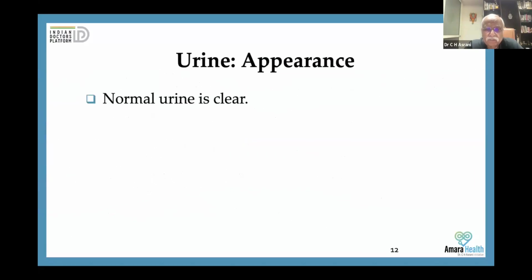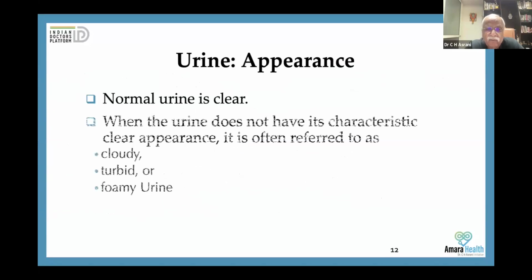Appearance. Normal urine is clear. When the urine does not have the characteristic clarity, it's referred to as cloudy, turbid, or foamy urine. Foamy urine, with a lot of bubbles coming up, could be high amount of protein.